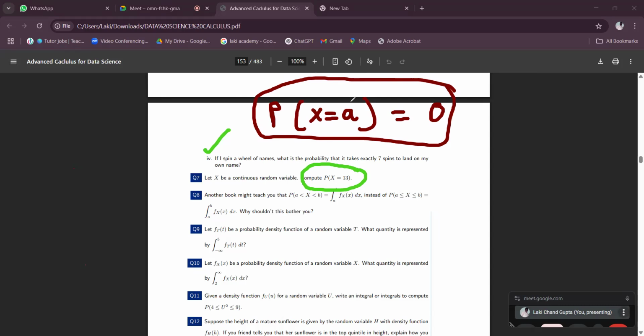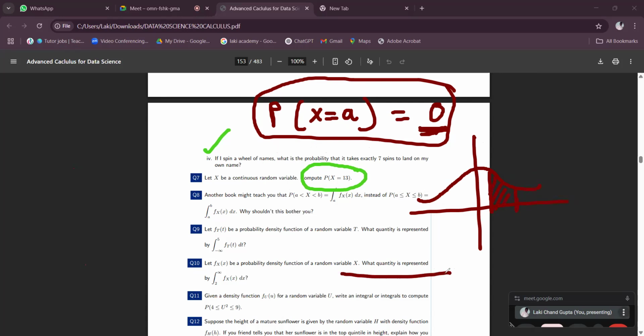Not understood? In a continuous probability, if we have x equal to a, then the probability is 0 at a certain point. Why? Because in a continuous random variable, a continuous range is always given.